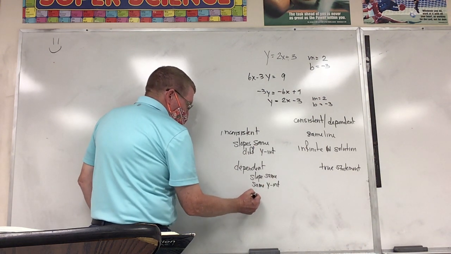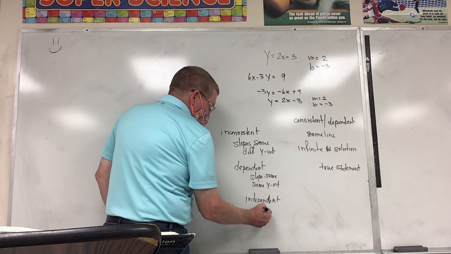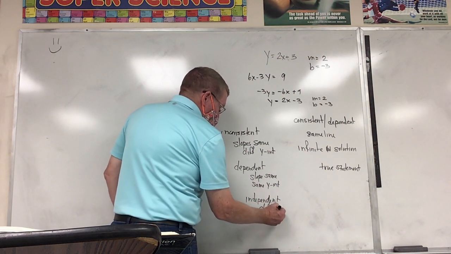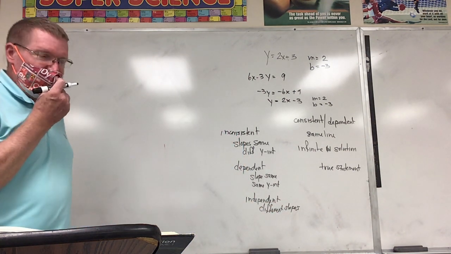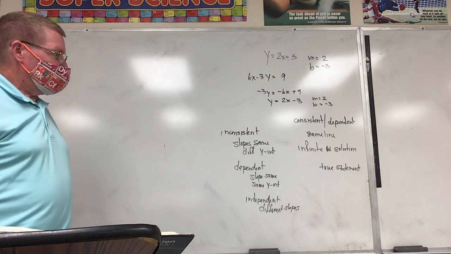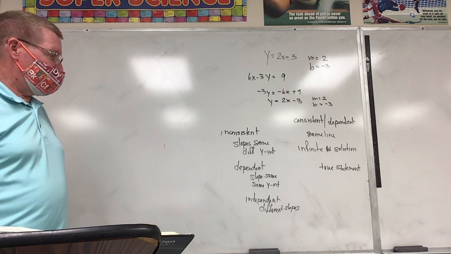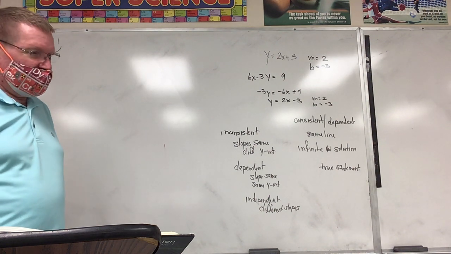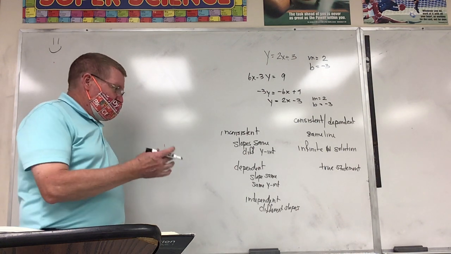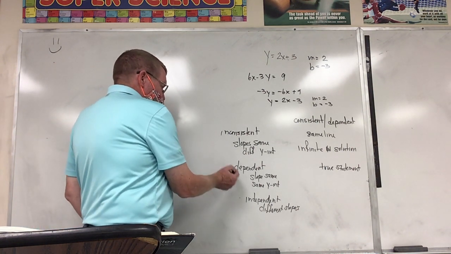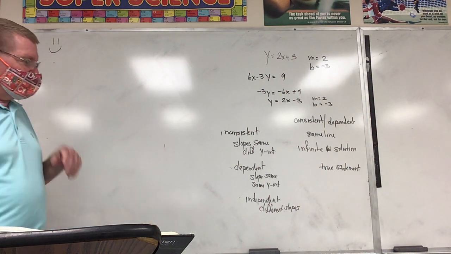And an independent system has different slopes. It doesn't matter what the y-intercept is, it's just different slopes. Okay? So that's the first section, determining the types of systems that we have. You have three choices: inconsistent, independent, and dependent. These two here are consistent, so you can write those as well. Okay?